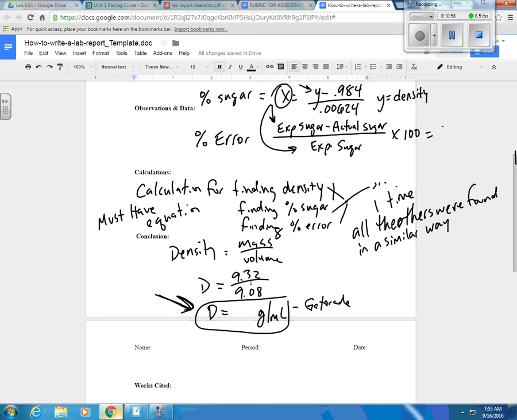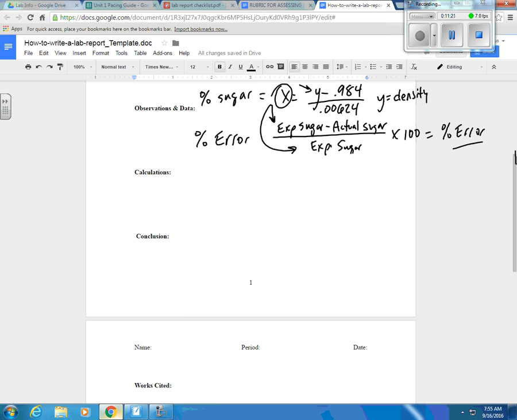Divide by 100, and that's your percent error. And then you can say the percent errors for Fanta and Coke were found using the same procedure. So you only have to do it one time, but because you're doing several, this calculation section should be rather lengthy. Let's erase this. Let's move on to your conclusions.